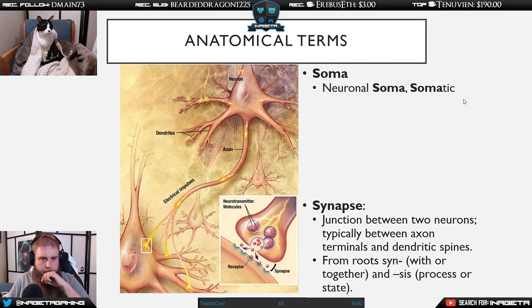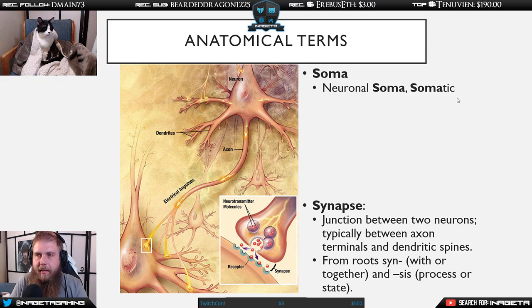We have the soma right here, which would be a neuron cell body, which we can see on what looks like a pyramidal neuron here. We can't see that apical dendrite, but that's going to be the one sticking off, going up here. But the soma is a neuron cell body. That word soma actually means body. So we could talk about a neuronal soma, or the cell body.